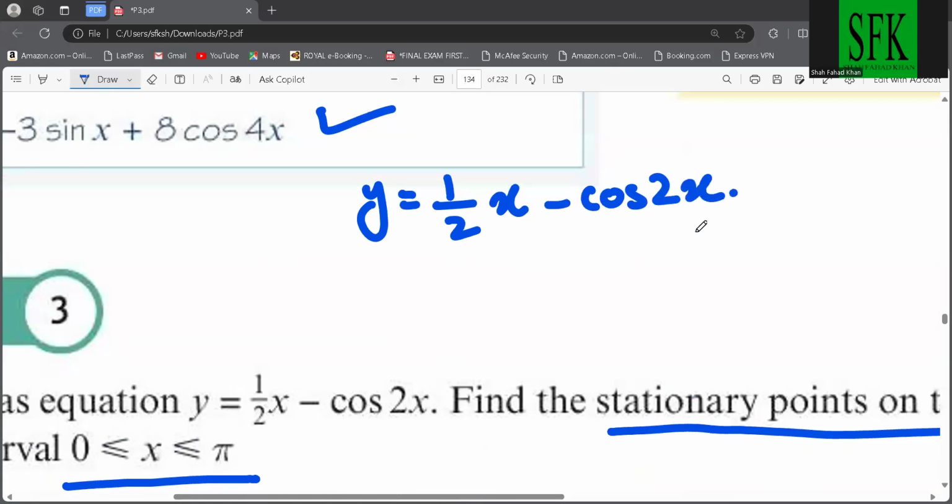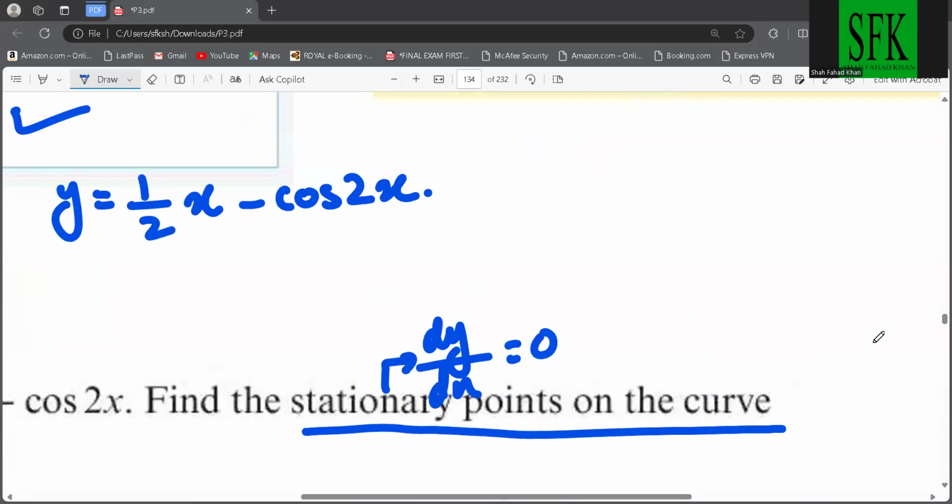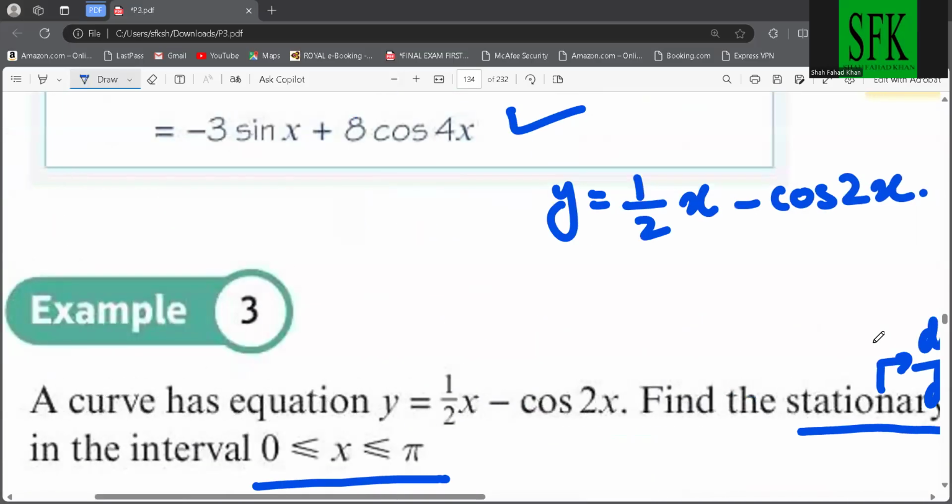If this is the equation of the curve given to you, and you need to find the stationary points. First of all, a stationary point is a point where the gradient, where the dy dx becomes 0. This was a quick recap of the previous knowledge. And the interval is from 0 to pi, correct? And you need to calculate the stationary points on the curve in this interval from 0 to pi.